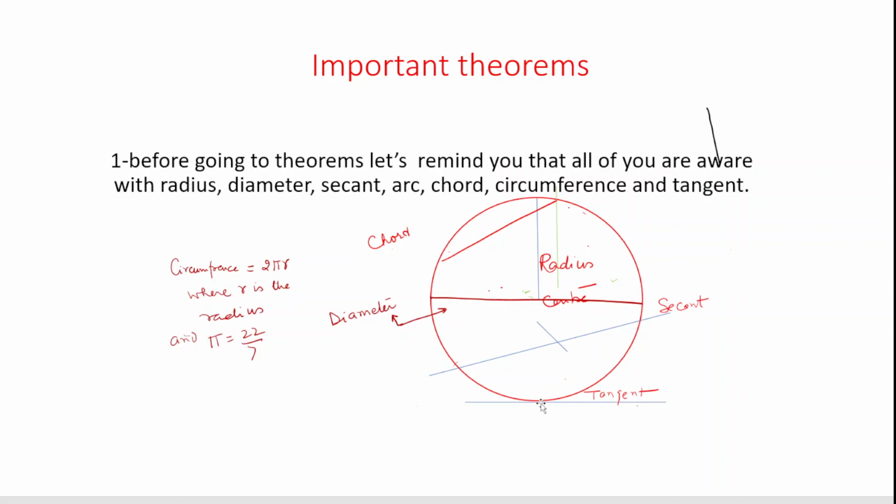Although it seems that there are so many points being touched, but tangent touches at 1 point on circumference, and if you draw a line from center, it is always perpendicular.